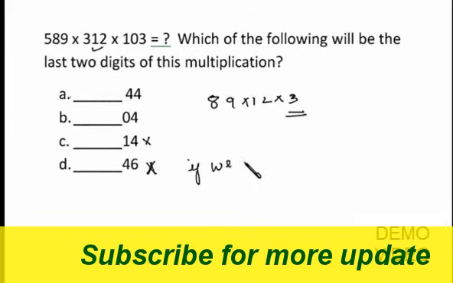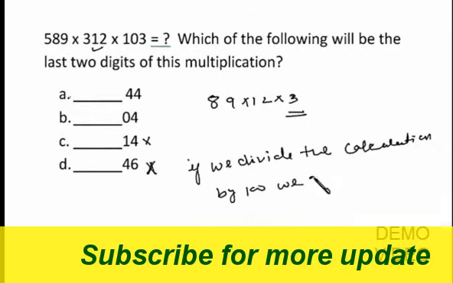If we divide the calculation, whatever we are having over here, by 100, we will get the last two digits, right? So if we divide 89 into 12 into 3 by 100, we will be getting the last two digits.